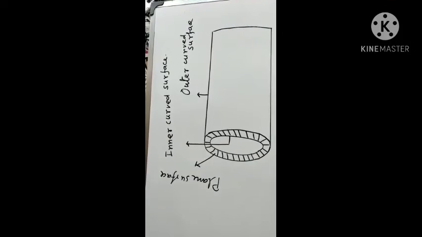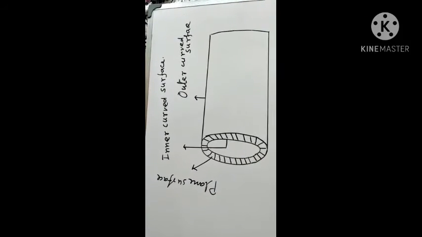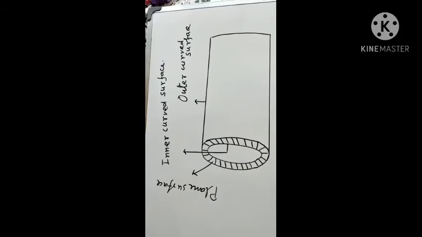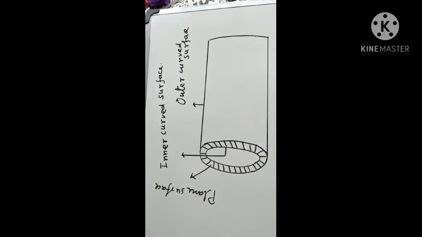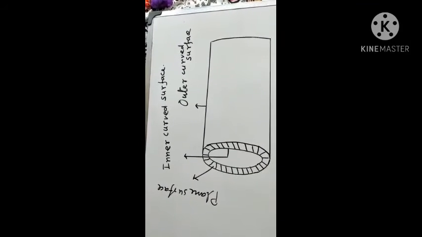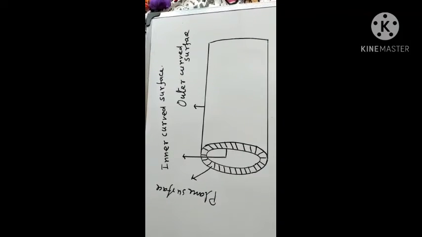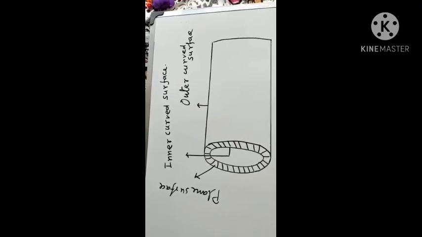At the two ends, there are two plane surfaces. Solids which are similar to a hollow pipe in shape are called hollow cylinders.